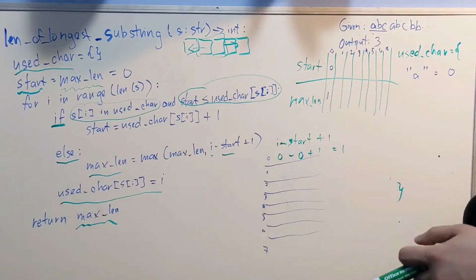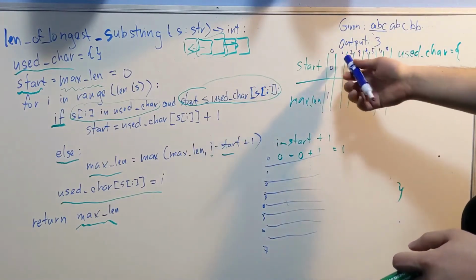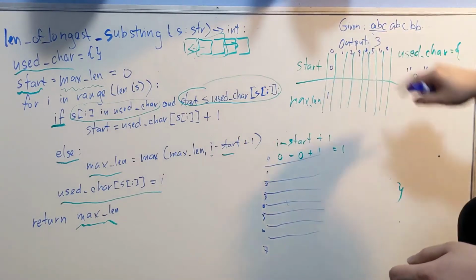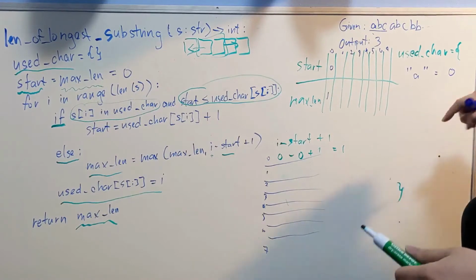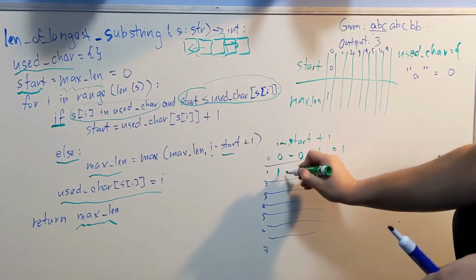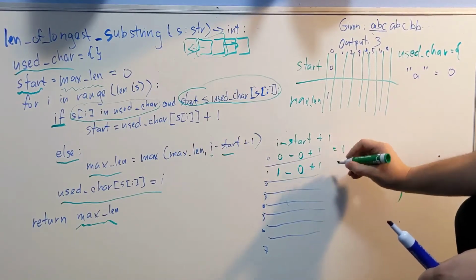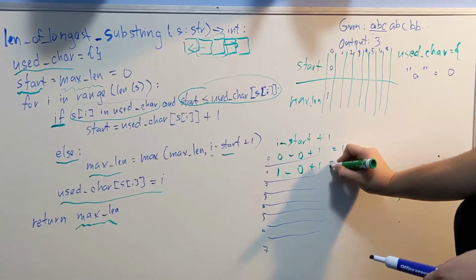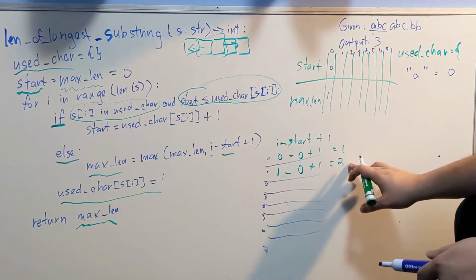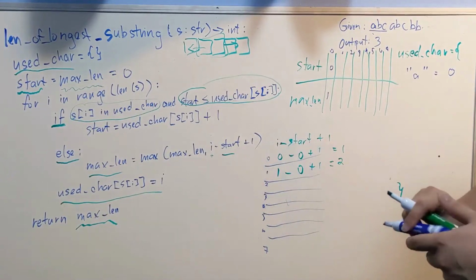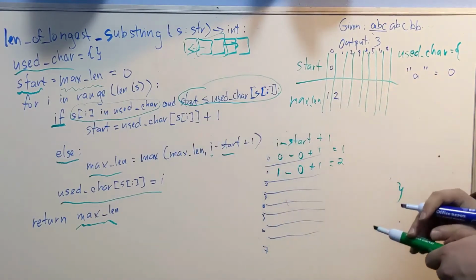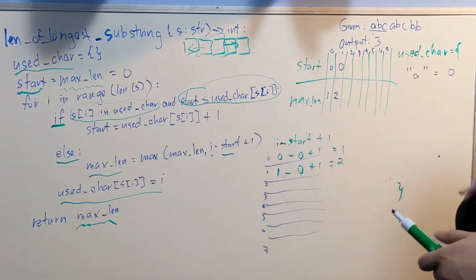Now we go to the next loop, i equals 1. Is b in useChar as a key? Nope. Now we'll update this with i minus start plus 1. That would be 2, so the current length of the substring is 2. Is 2 greater than 1? Yes, let's update that. Start is still 0, as you can see.